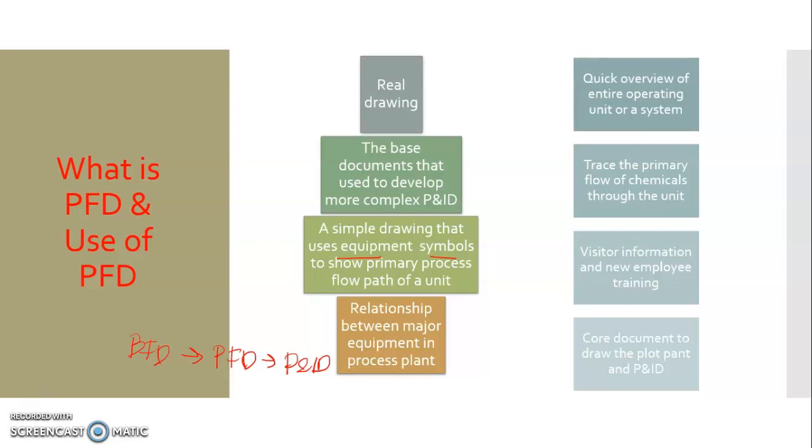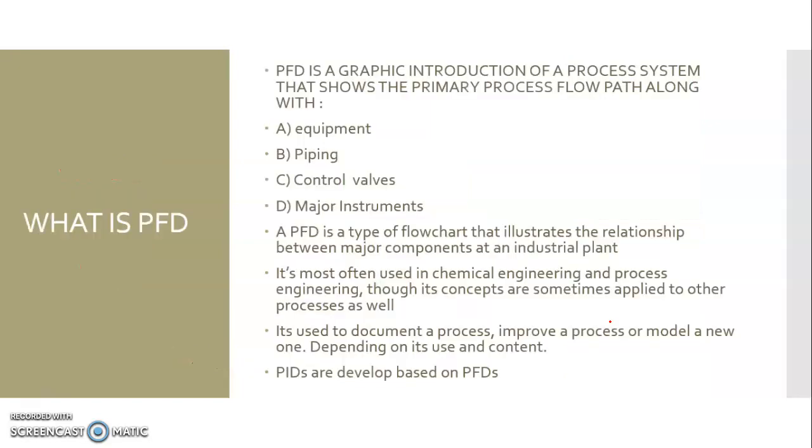You can use PFD to trace the primary flow of chemicals to the unit, to train new employees, or, let's say you have a visitor, to explain the entire plant to your visitor, and you can keep it as a core document to draw the plot plan and P&ID.